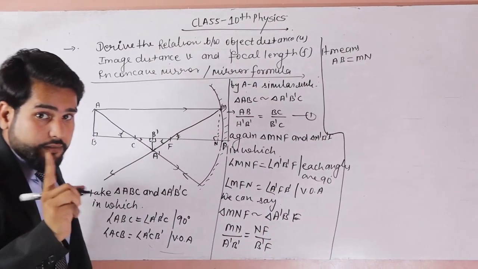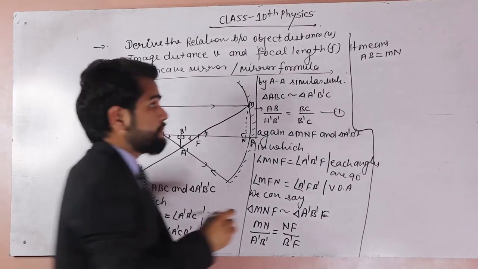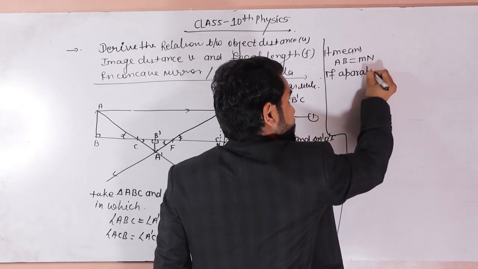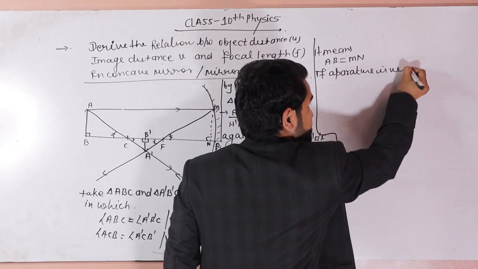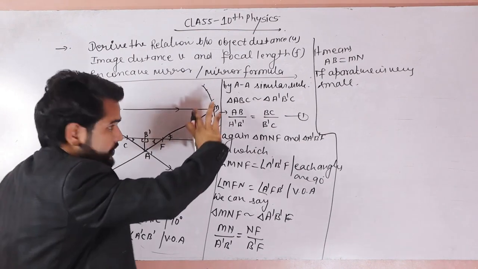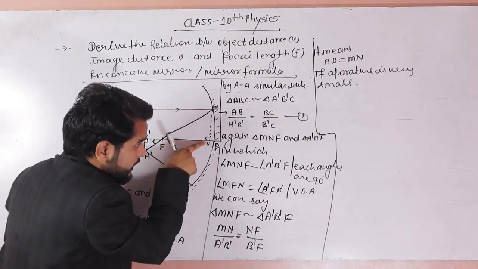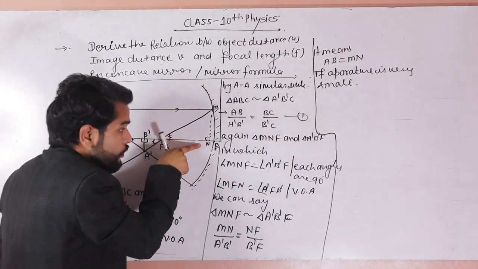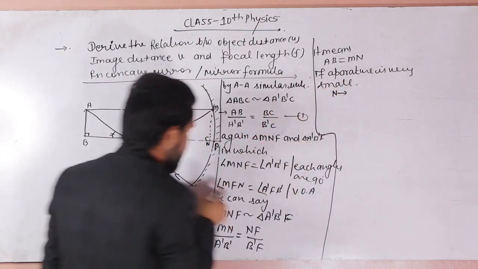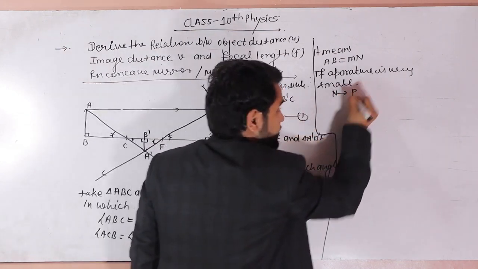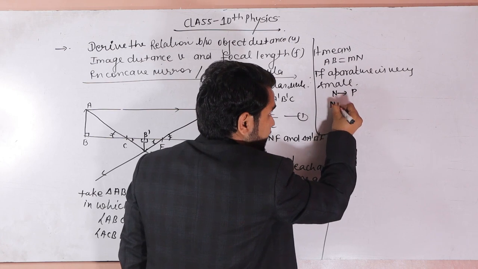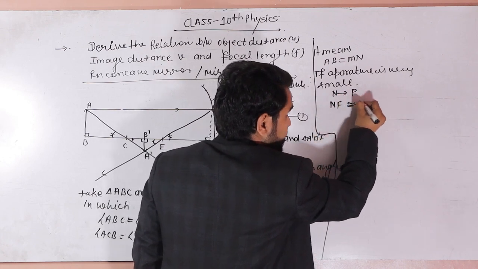And one more thing: if the aperture is very small, then the point N goes towards P. It means we can write NF approximately equals PF.